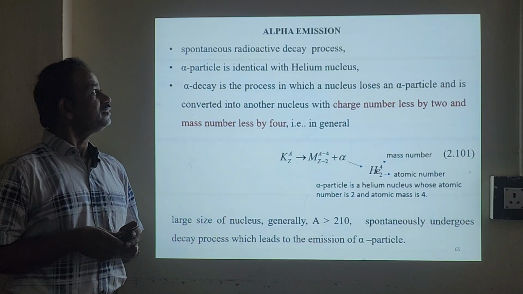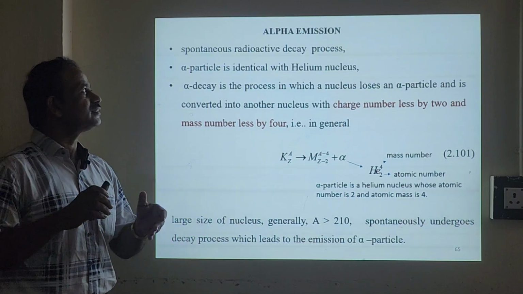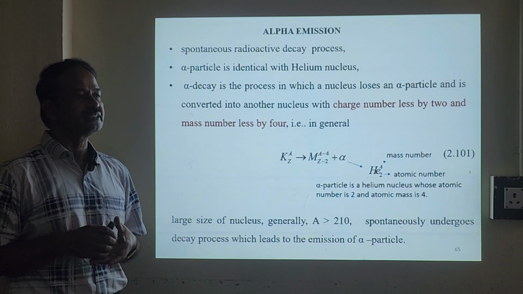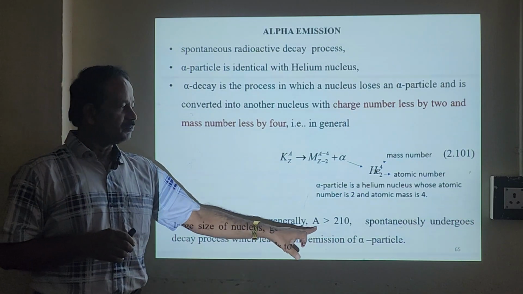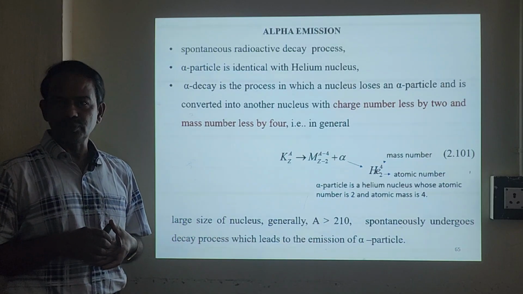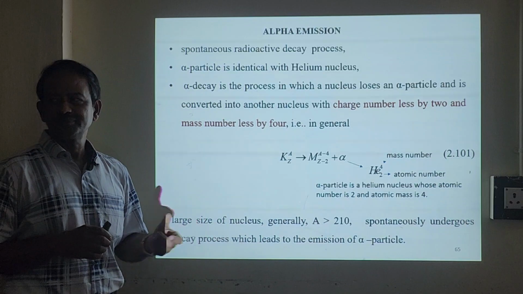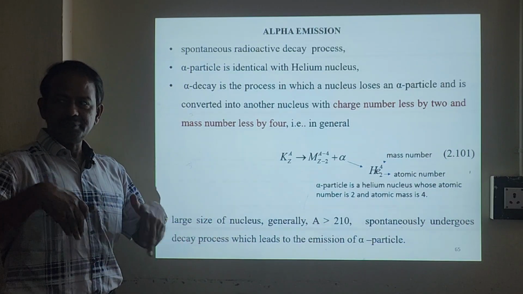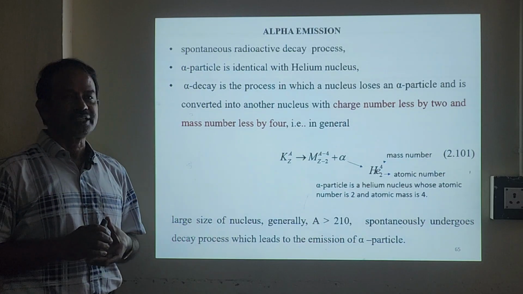Alpha emission is a spontaneous radioactive decay process in radioactive elements, especially if the mass number is greater than 210. So a very large, very big nucleus will spontaneously emit alpha particles.